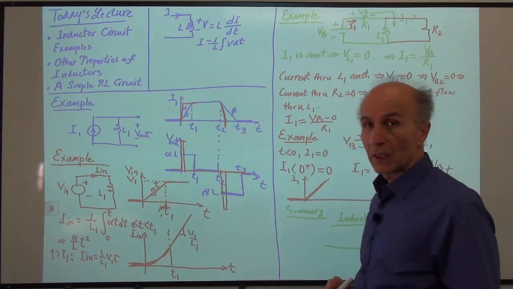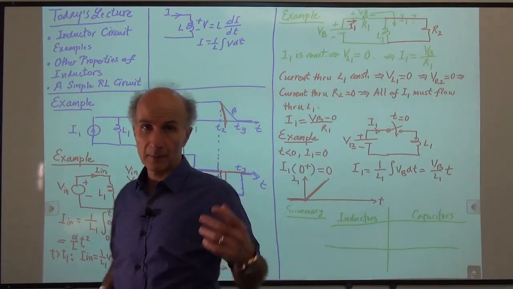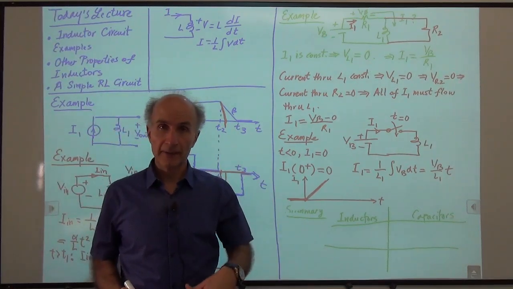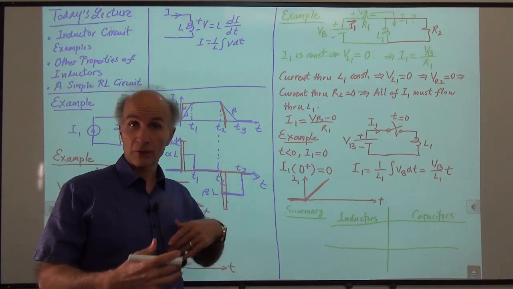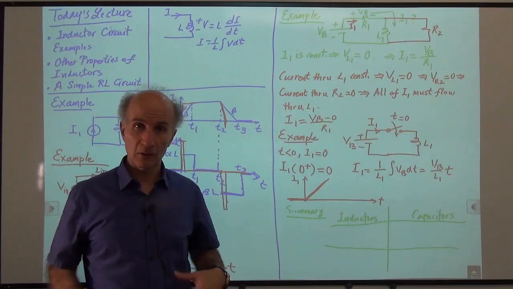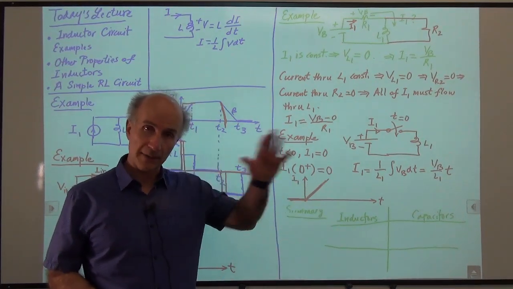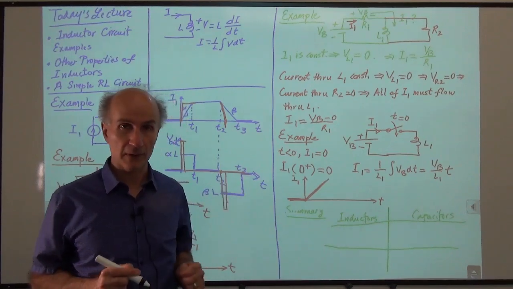So there are 4 different cases, depending on whether we have an inductor or a capacitor, and whether the voltage or currents are changing rapidly or have stopped changing. They're constant. Okay, so those are 4 cases we want to consider.